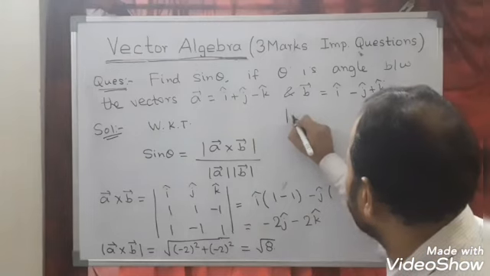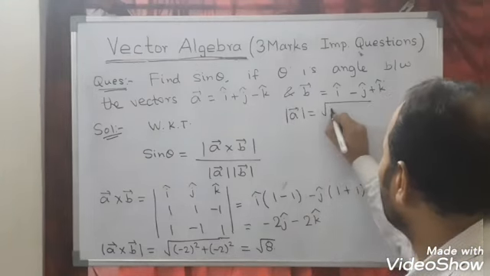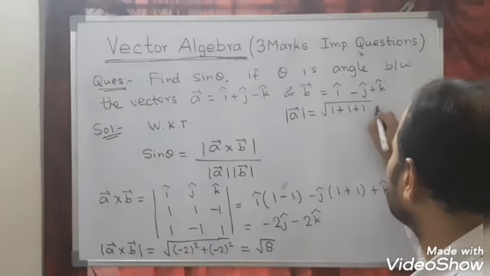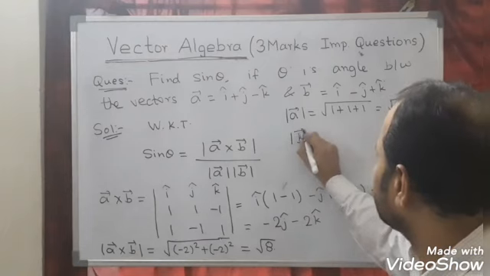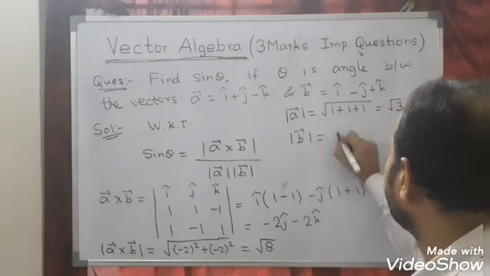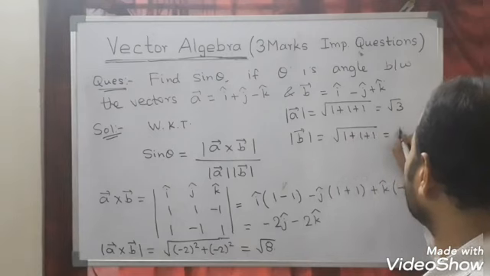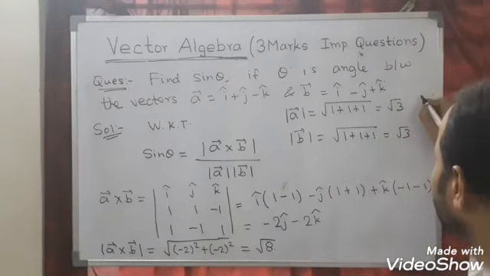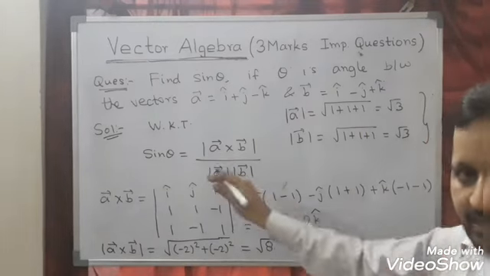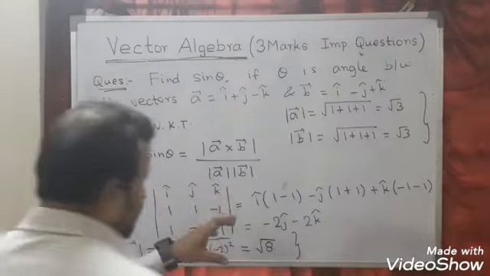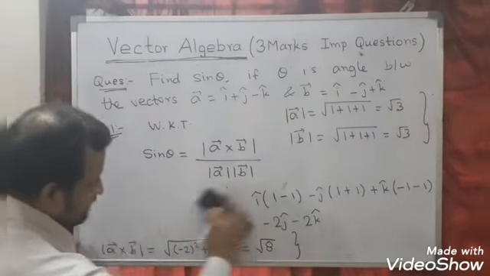Next, the magnitude of A. You can see here 1, 1, 1, so it is root 3. Magnitude of B, calculate: again 1, 1, 1, so again it is root 3. Now I am putting these values in the formula.